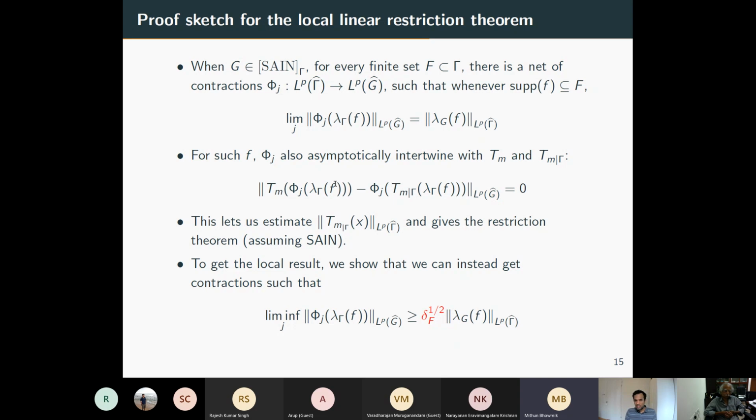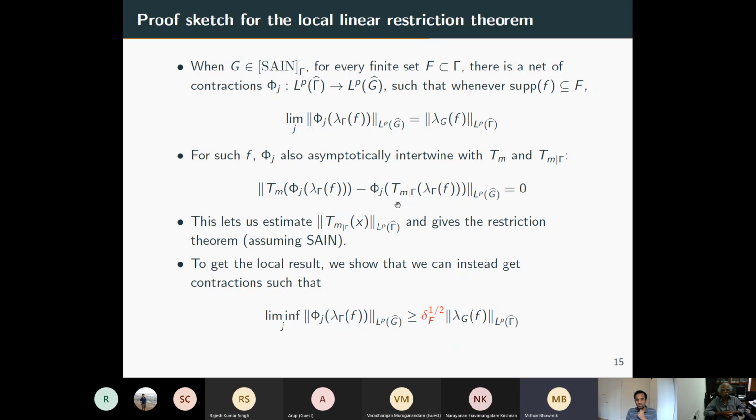And further, they also asymptotically intertwine between these linear multipliers T_m and the restricted linear multipliers T_m restricted to gamma. And this is in fact the crux of the theorem.